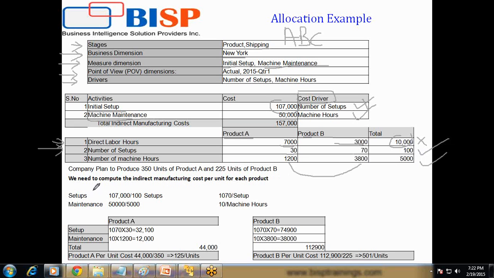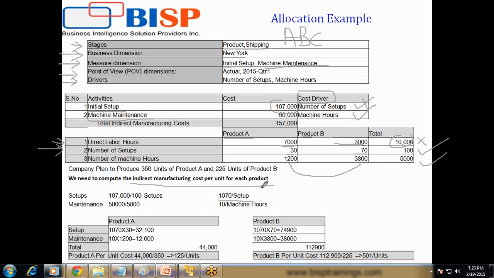In order to find the unit cost, we need to compute the indirect manufacturing cost per unit for each product. It's simple: take initial setup or machine maintenance and divide by the cost drivers. So your initial setup cost is 107,000, divided by your cost driver, number of setups, which is 100, so you get 1070 per setup.